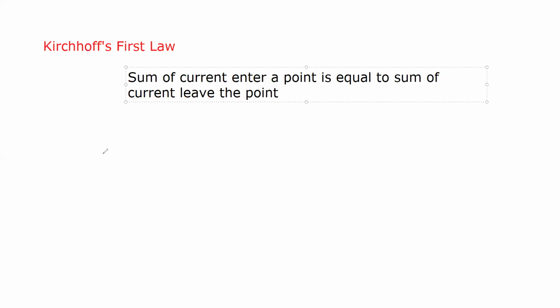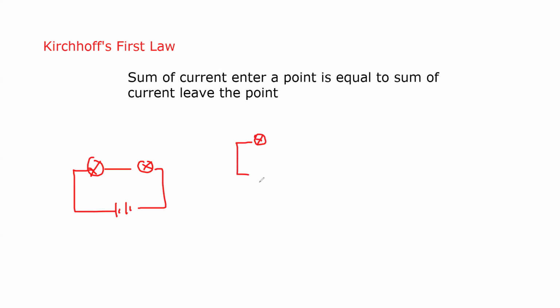Irrespective of the type of circuit, we may have a series circuit, where two or more components are connected in series. We may have a parallel circuit, where two or more components are connected in parallel, or we may have a combination of series and parallel, where some components are in series and others are in parallel.